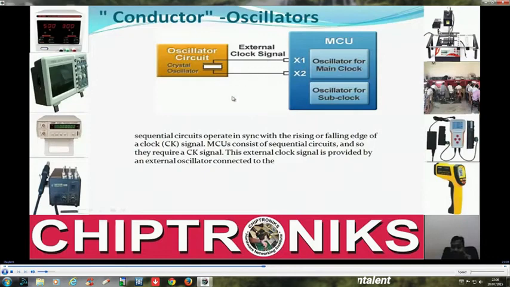Similarly, a crystal is connected with an ICH, and with a clock generator. Nowadays the clock generator is present inside the PCH, and you will find a crystal beside it that generates the clock signal. So any digital circuit requires three things: supply, reset, and clock.